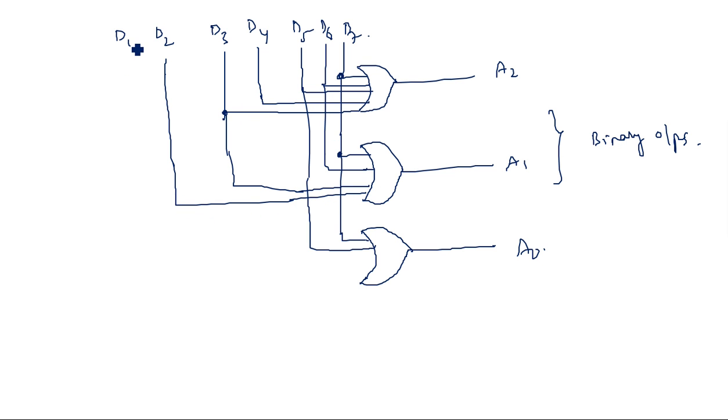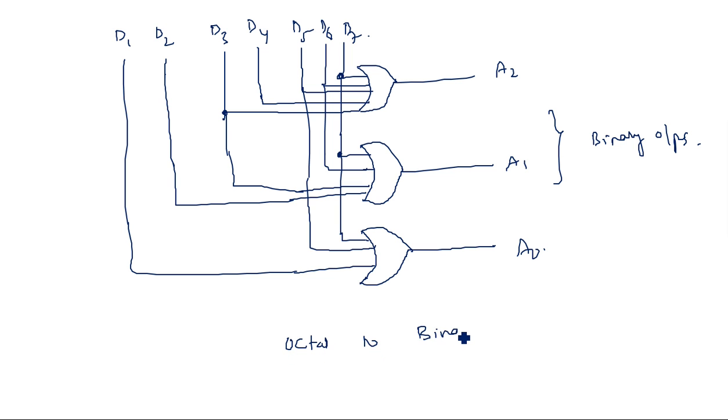And D1 is 001. So this is the way of designing the logic circuit for the octal to binary encoder. Octal to binary encoder. Thank you.